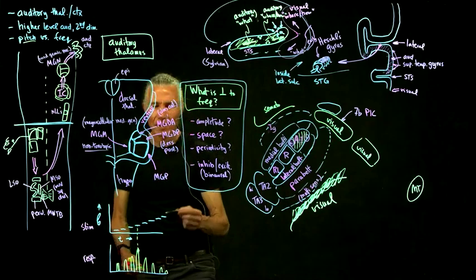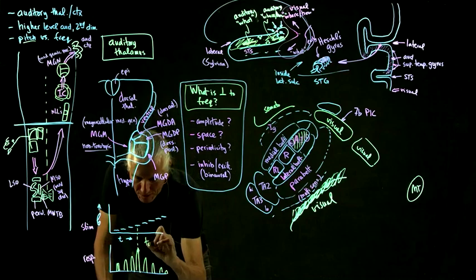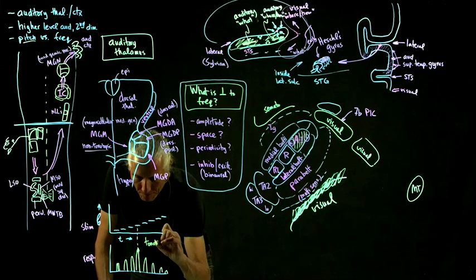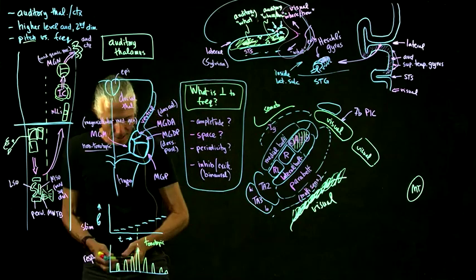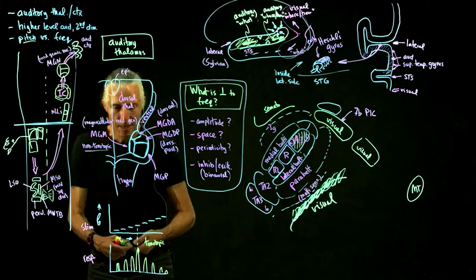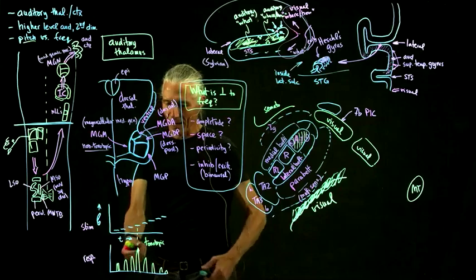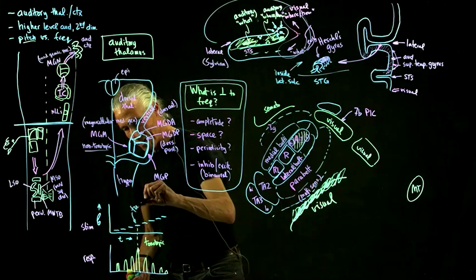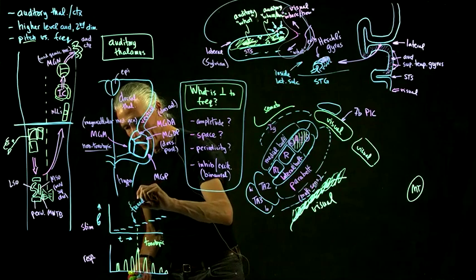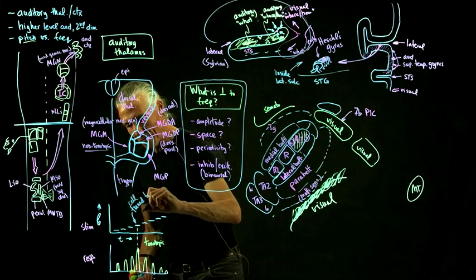So it's tonotopic. That's what we mean by tonotopic. So you have to get the correct frequency, whatever that frequency is. So at this time, we just happen to hit the right frequency. So, tuned. This cell is tuned to this frequency.